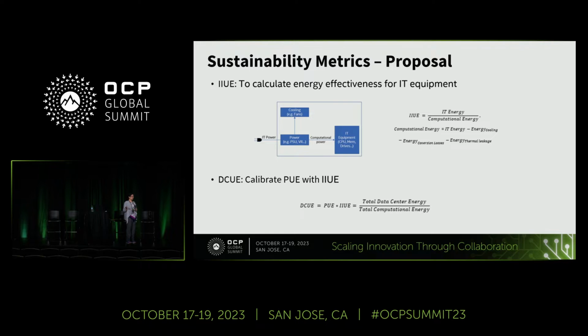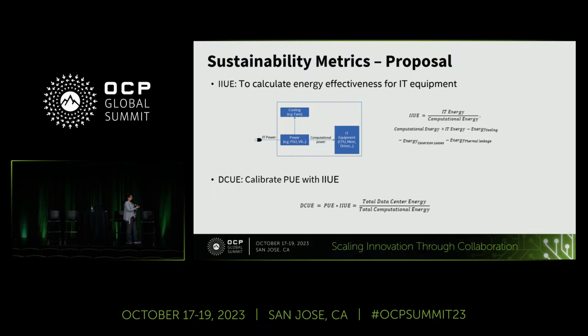There is a work stream happening here at OCP who is driving a new metric. So what that is, that IUE is basically taking IT energy and dividing that with computational energy, that amount of useful work that is done by the system. So from an IT energy, you are taking out the losses from the power losses, the power that is consumed by the fans within the system, and thermal leakage.